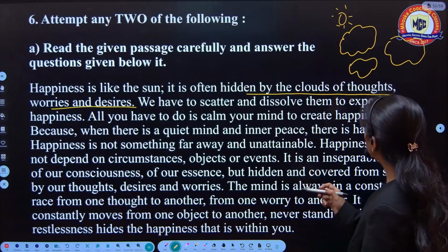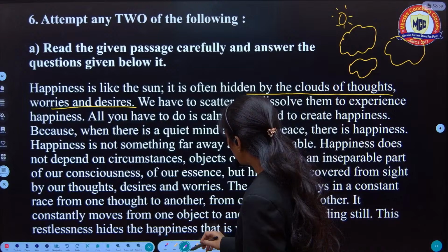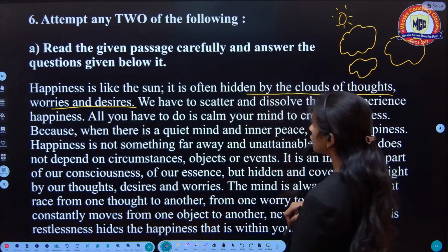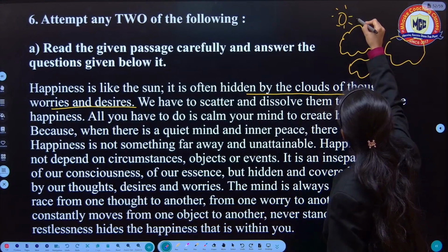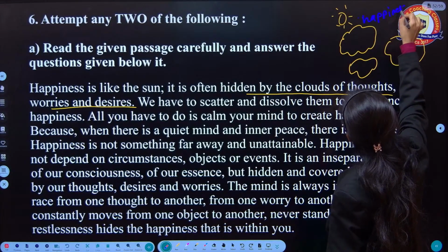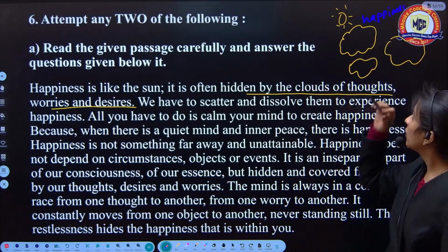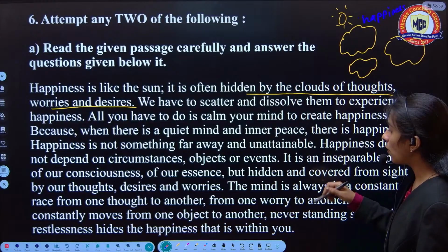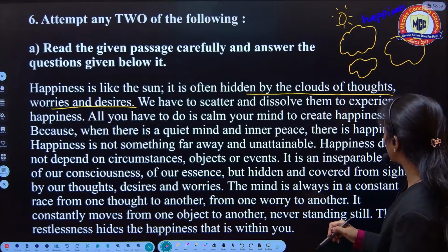Similarly, happiness will also go beyond the cloud. Both of them will go between the clouds, or they will hide themselves between the clouds.